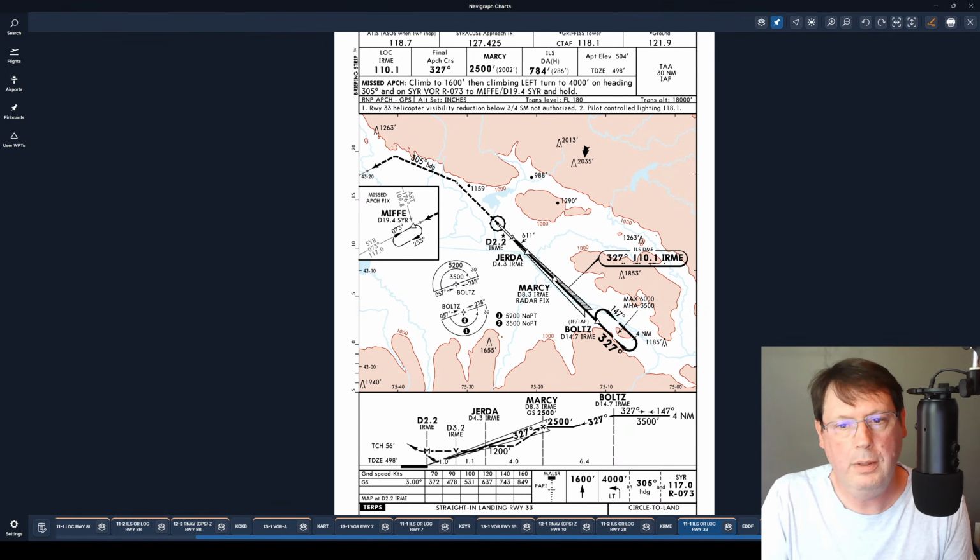Oh, tell me it's not an AIRAC update, because if it is, then my nav database is going to be out. It doesn't seem to be. Okay, so we should be good.